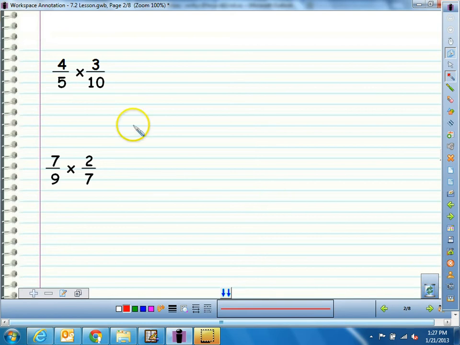4 times 3. I want you to try this one on your own. I'll give you a minute to do it, and you can move down to this next one as well. So I hope when you did this, you got 12 50ths, which can be reduced to 6 25ths, and that's as low as we can go here.